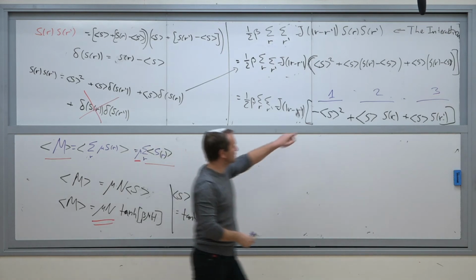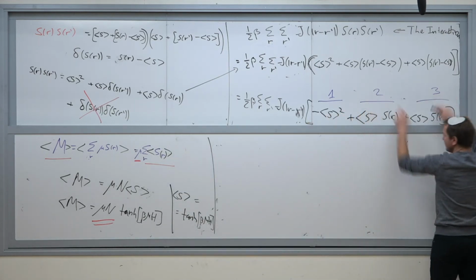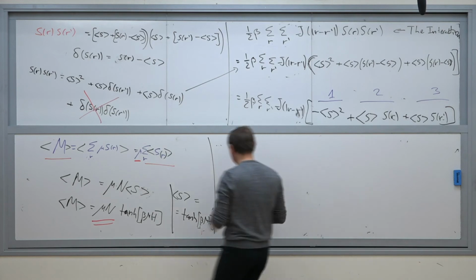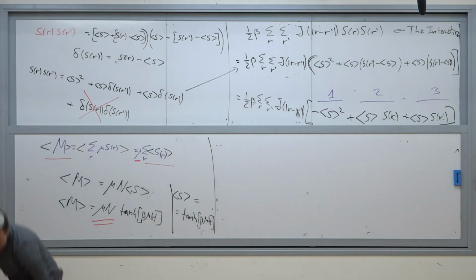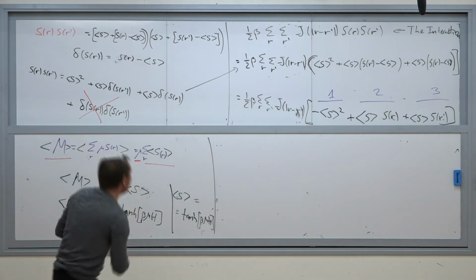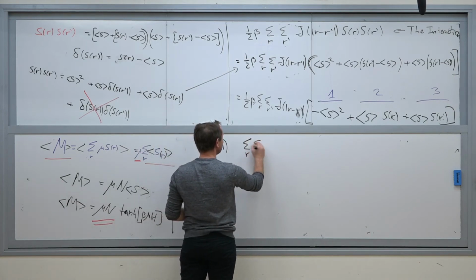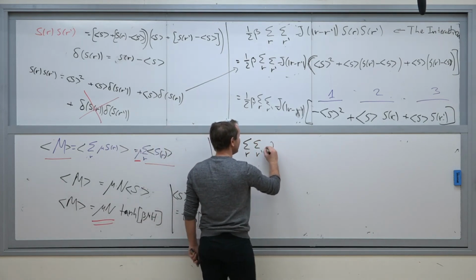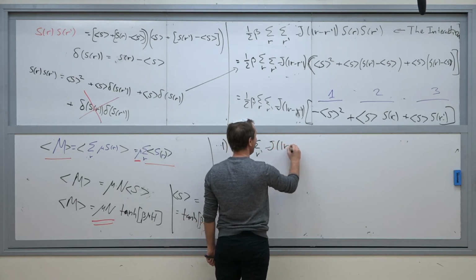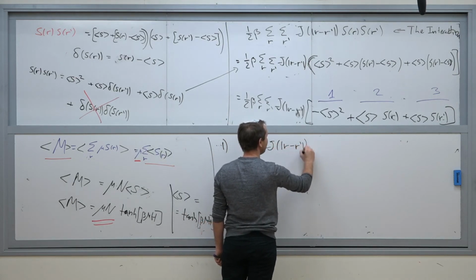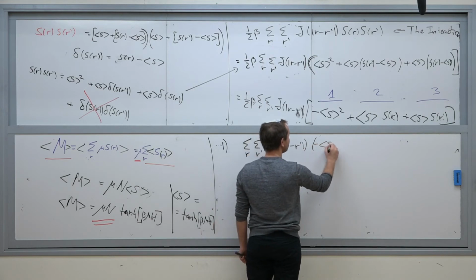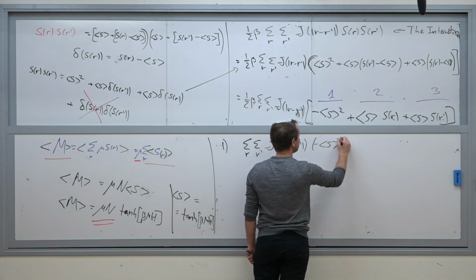But look, the second sum and the third sum, let's write it down. So the first sum is a sum over r prime, j of r minus r prime multiplied by minus s average squared.